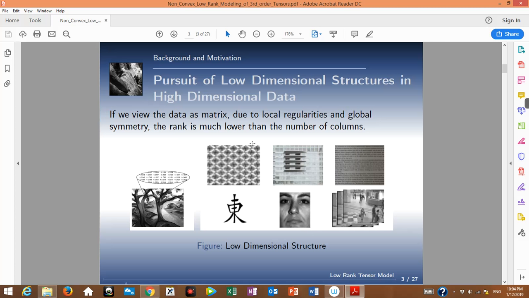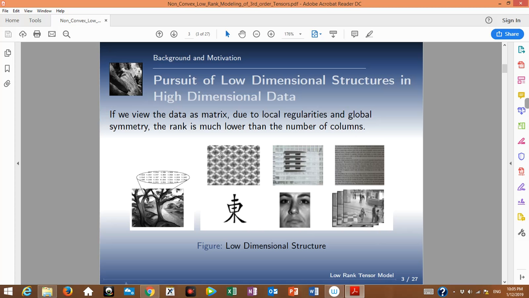If we look at this picture in the math department, you can see this column is identical to this column and this column. That means those images have a global symmetric structure.